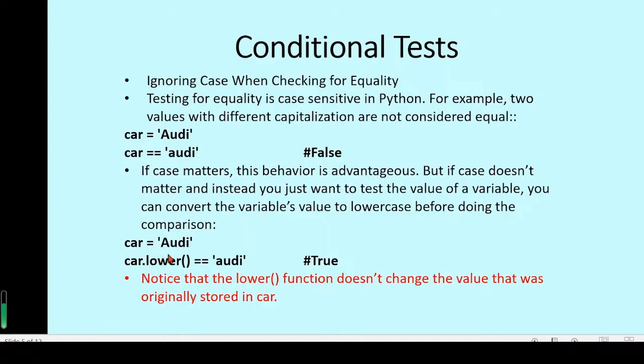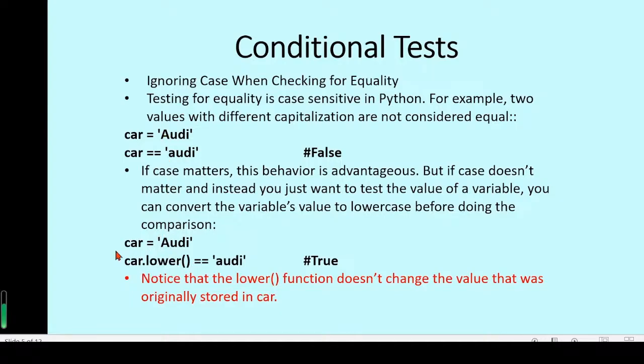So we again assign the value Audi with a title form to car. Then we check the condition if the value is equal to audi with lowercase, but before we run this double equal sign, we add car.lower to transform the car's case to lower before we do the condition test. Notice that the lower function doesn't change the value that was originally stored in car. So the car's case is still Audi.